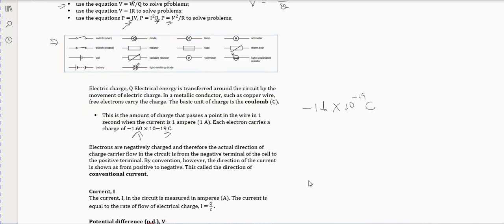So we know that it is negatively charged, and it says therefore the actual direction of the charge flow in a circuit is from the negative terminal of the cell, rather, to the positive terminal.